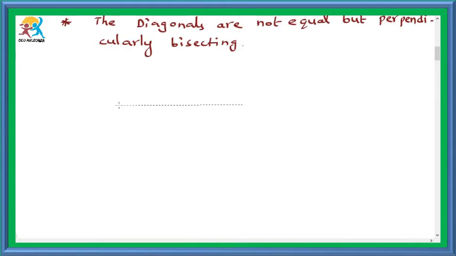This is one diagonal. This is another diagonal. Suppose these two are also diagonals, but here the angle between the two diagonals is not 90 degrees, but here the angle between the two diagonals is 90 degrees. That is why we are saying the diagonals are perpendicularly bisecting in the rhombus.